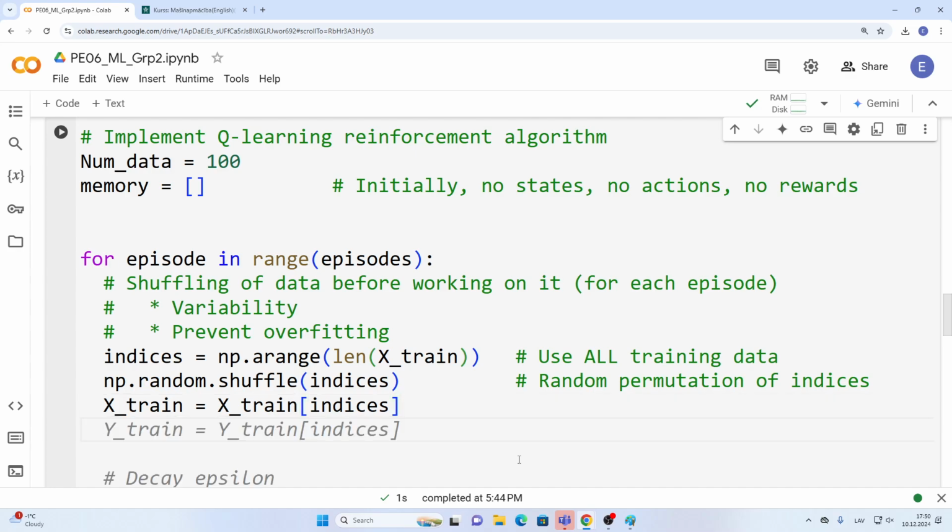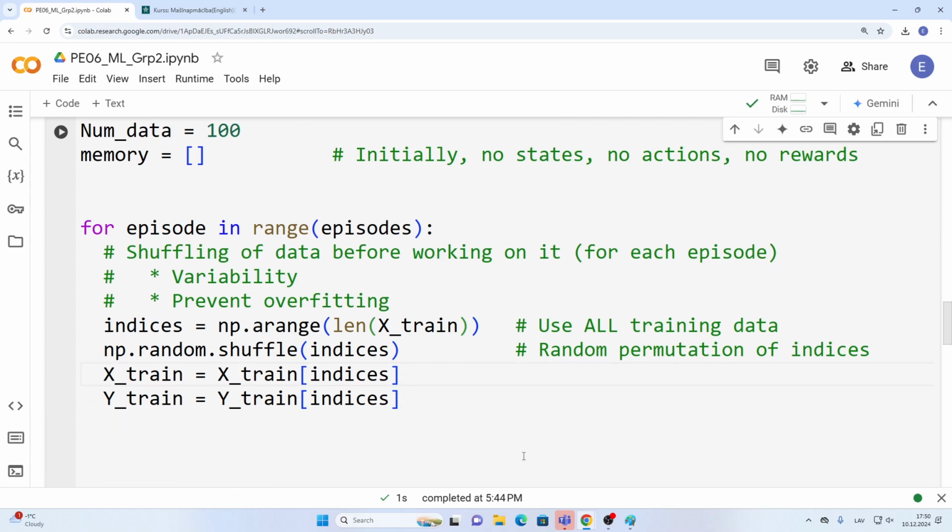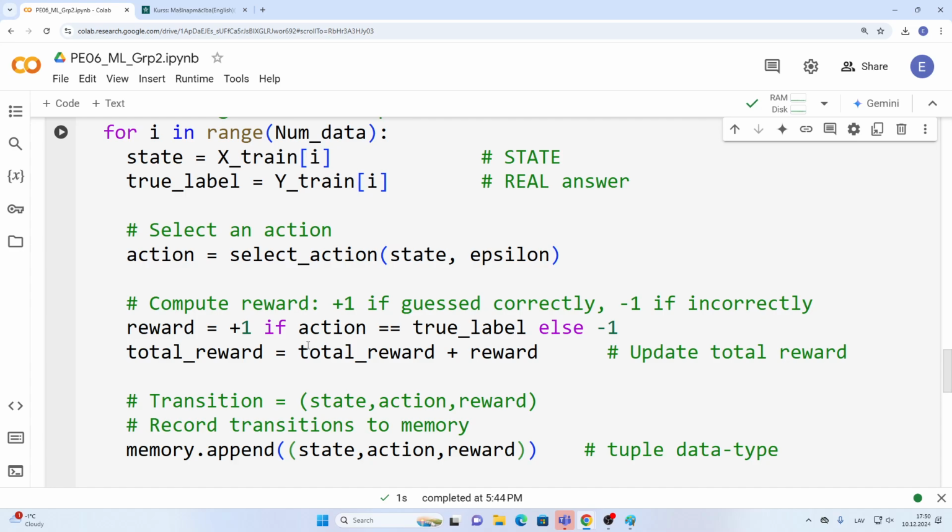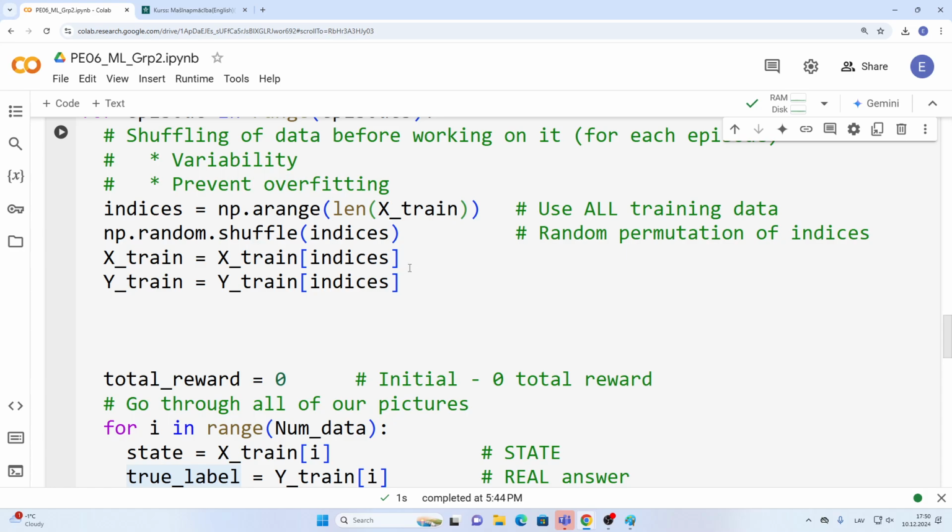Which is fine. The same goes for Y train to match images with correct labels, because we need to know the true answer here, yes, true label. And if you happen to mislocate them, then unlucky, and we cannot anymore say if it is a correct guess or not.